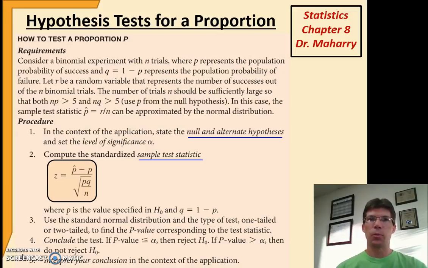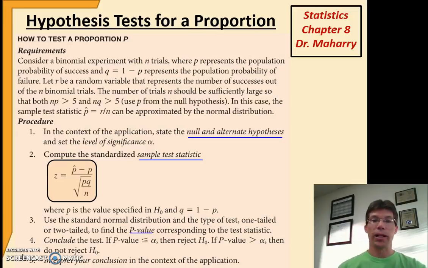But as that sample proportion gets much different from the proportion in the null hypothesis, this z value will get bigger and bigger, further from 0, and go out into the tails on that z distribution. So again, a z value way out in the tails leads us to reject H0 because the data tends to contradict the claim in the null hypothesis.